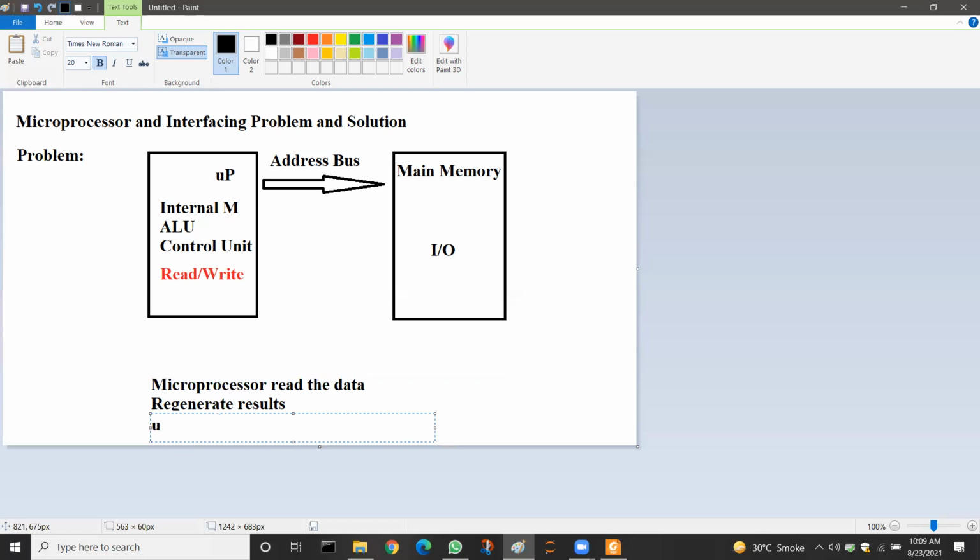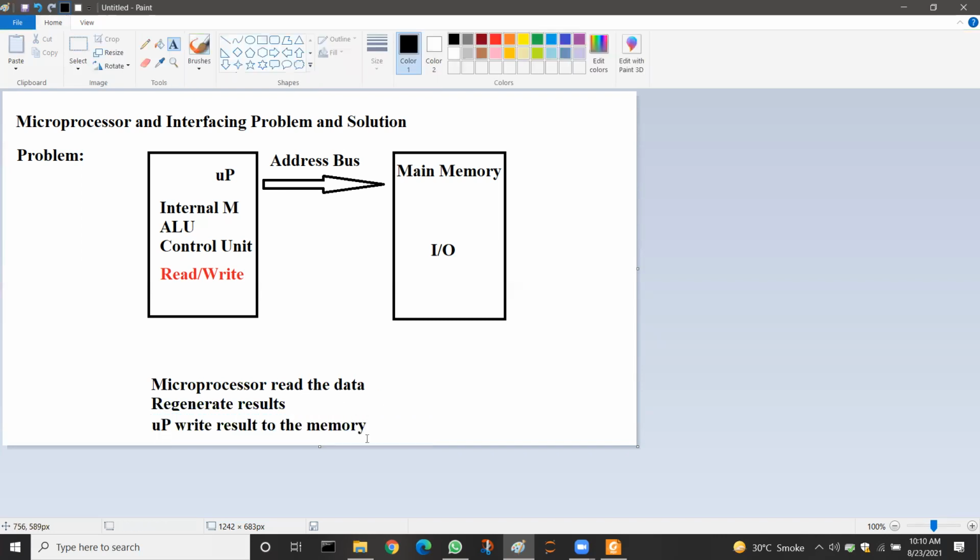The microprocessor writes the result to the memory, or in some cases to I/O. So this is the problem we are talking about. The microprocessor has to read the data and the microprocessor has to write the data.